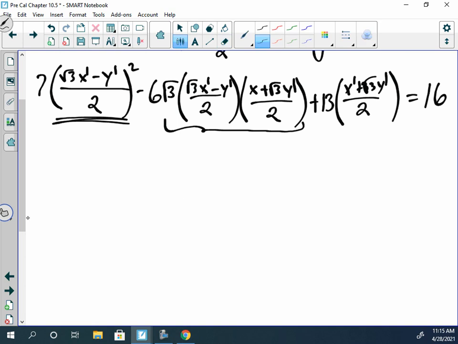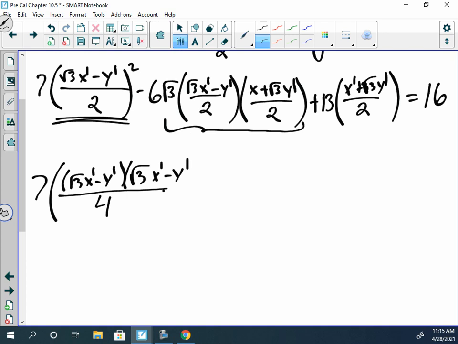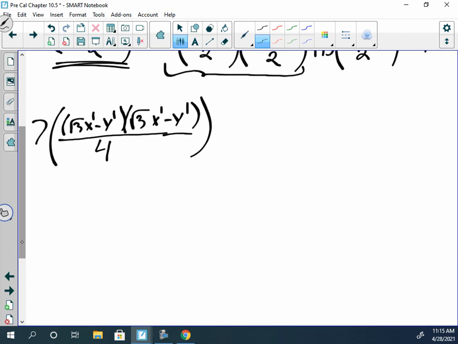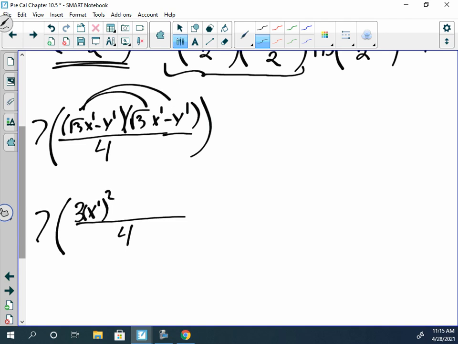Because really what we're saying is 7 times, so 7, because we still have 4 on the bottom. Square root 3 times square root 3 is 3 x prime squared.